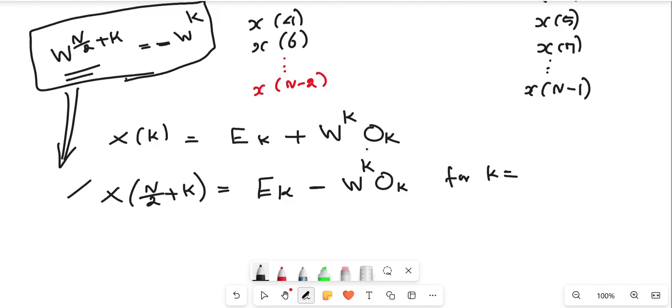Now this O_k again can be divided into two parts, odd and even. Again this will be divided into two parts, odd and even.